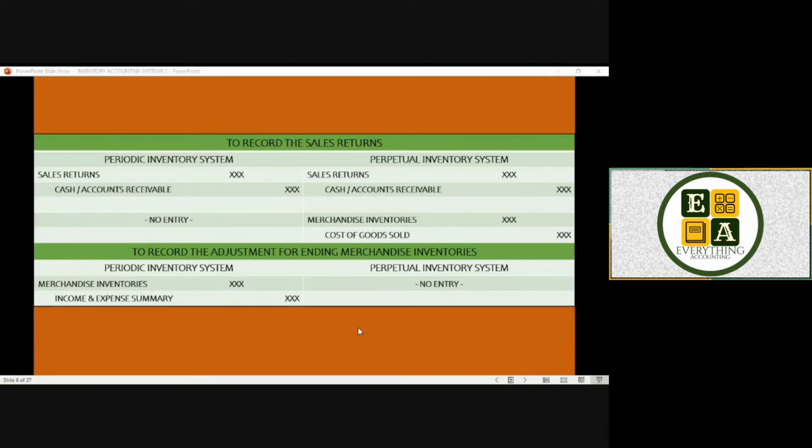The reason for that, sa records pa lang, makikita na meron lang agad flow ng inventory account. Nakukompute na agad yung balance ng inventory just by looking into the debits and credits sa account ng merchandise inventories.